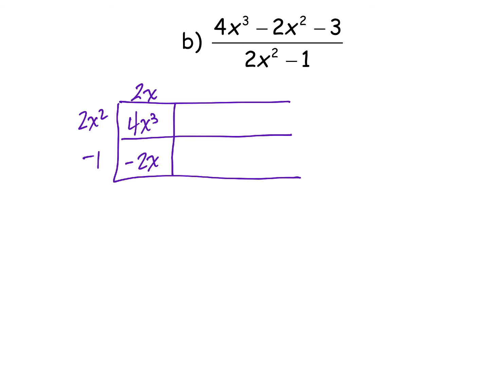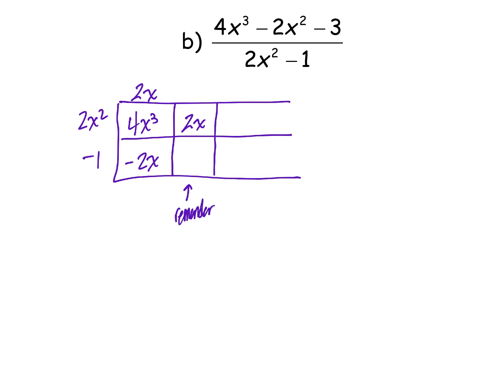Notice there's nothing in there. There's no negative 2x's in there, right? So technically, I guess I could add 2x here. But I can't multiply 2x squared by anything to get 2x. So that kind of is a remainder.